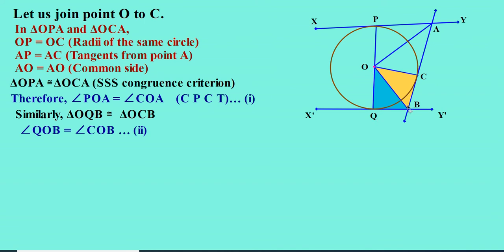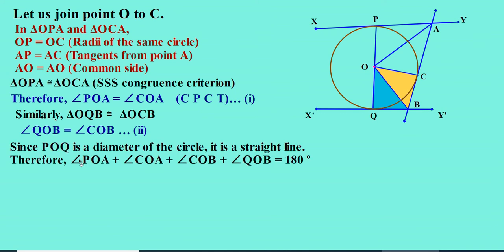If you add all these angles, you will get 180 degrees. Straight angle is 180 degrees. So since POQ is a diameter of the circle, it is a straight line. Therefore, angle POA plus angle COA plus angle COB plus angle QOB is equal to 180 degrees.